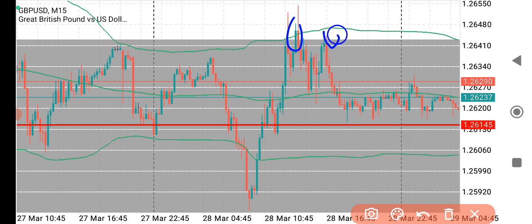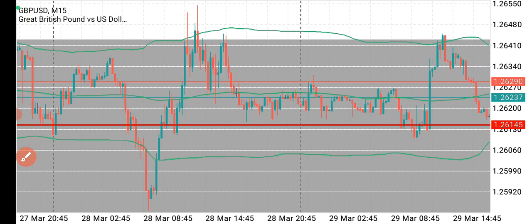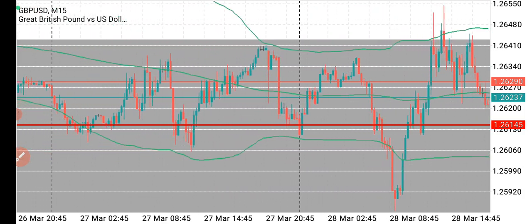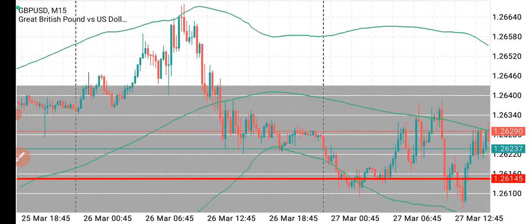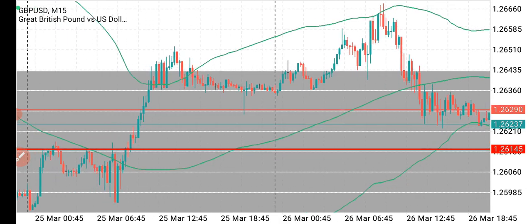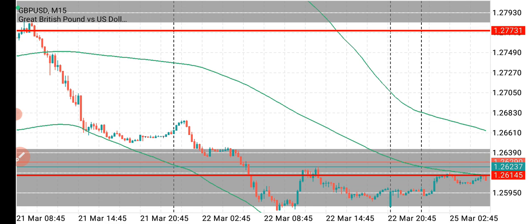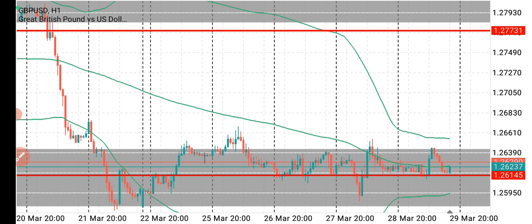First and second. So price will always come to form this pattern, and that is where the TDI most importantly comes into play.